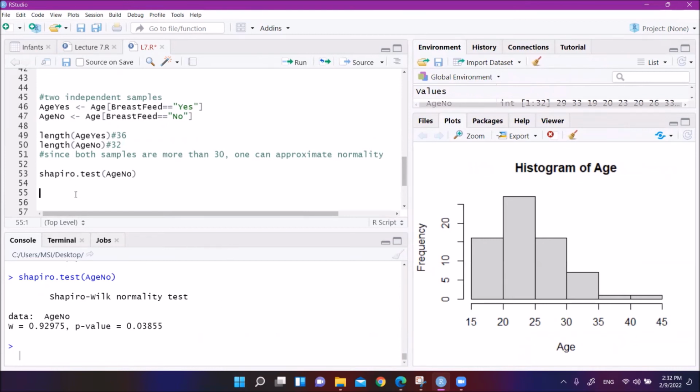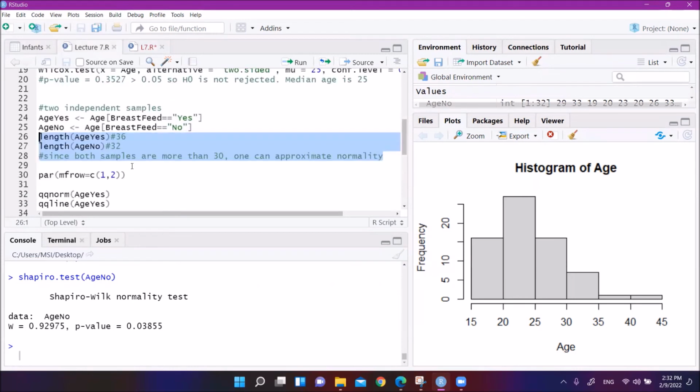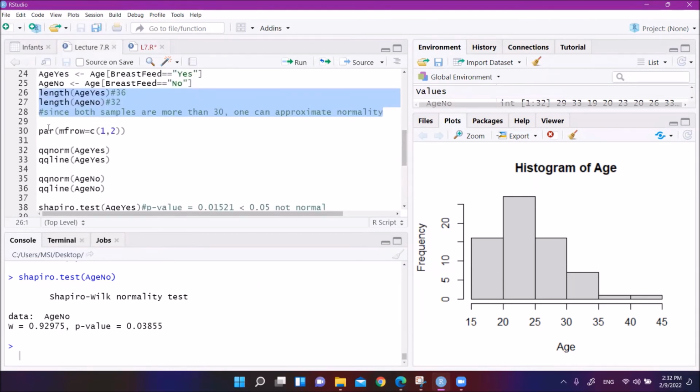But there's another way. You may not be familiar with this QQ plot, quantile plot. In this week's regression lecture, hopefully you would be able to learn that. QQ plot, what does that mean? In R, you can get that by these two.